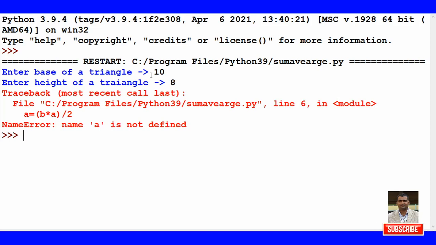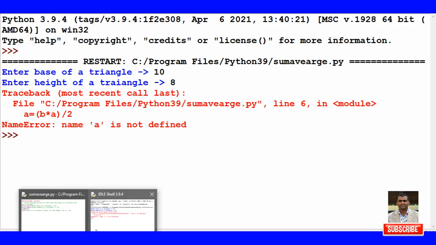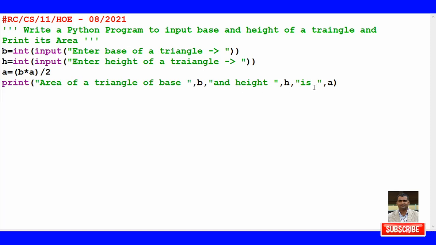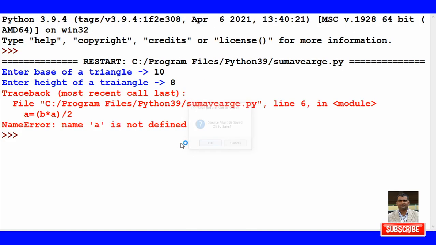You see, here it says a is not defined. Let me see what we did here. We have taken b into a, but that should be base into height. So this is an error. Once again we are going to run the program.